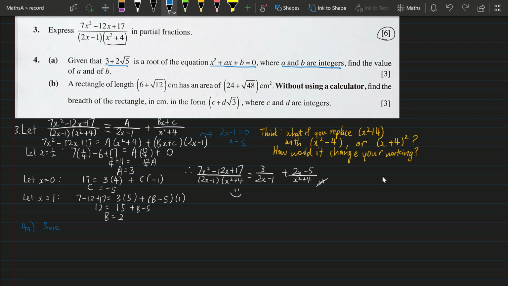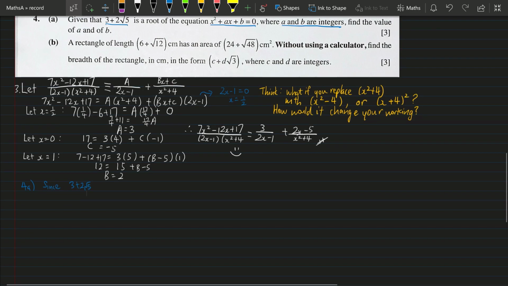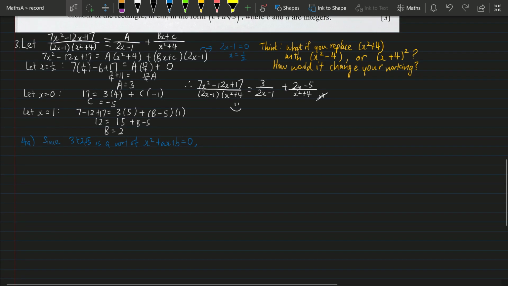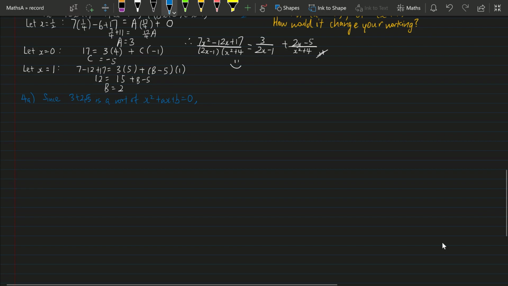Since we are told that this is a root, since 2x plus 5, let me just move the screen down. 2x plus 5 is a root of x squared plus ax plus b equals 0. Let me just sub it in, okay? Because by definition, a root is a value of x that will make the equation 0 anyway. So doing this is perfectly correct. Nothing to be worried about, okay?